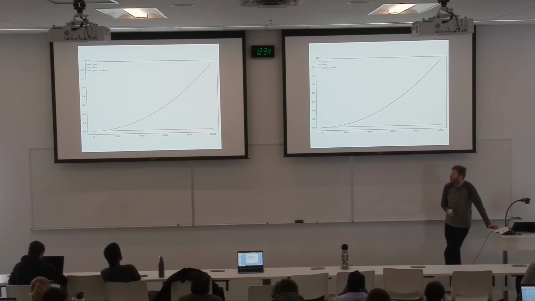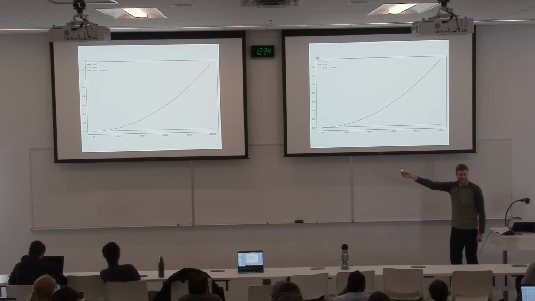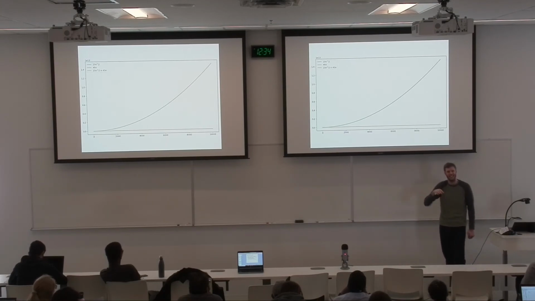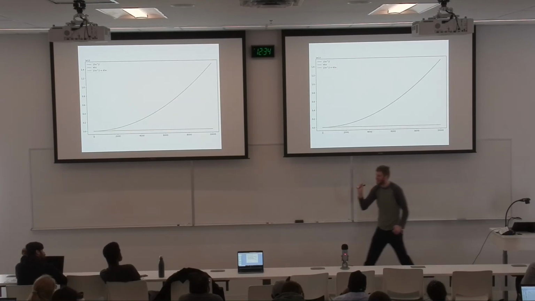But if I gave you a marker and this plot, and I said, draw n squared on this plot, what would you draw? It would basically look exactly the same, because that constant doesn't really have any weight on the growth. That's a key thing to remember.